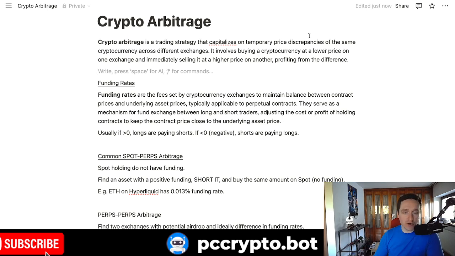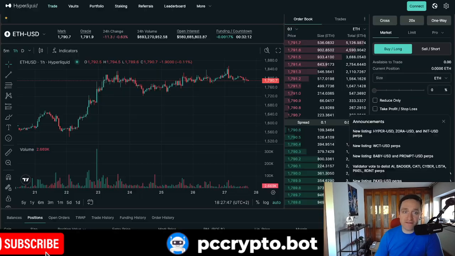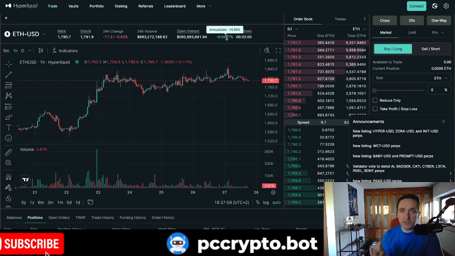But there's something very cool if you look at funding rate. So if you look at the exchanges, there's something called funding rate, which basically is trying to keep the price as close to the spot price as possible. What you're trading on Hyperliquid or Ostium is not spot holding, so you don't hold the ETH, you can't withdraw it.